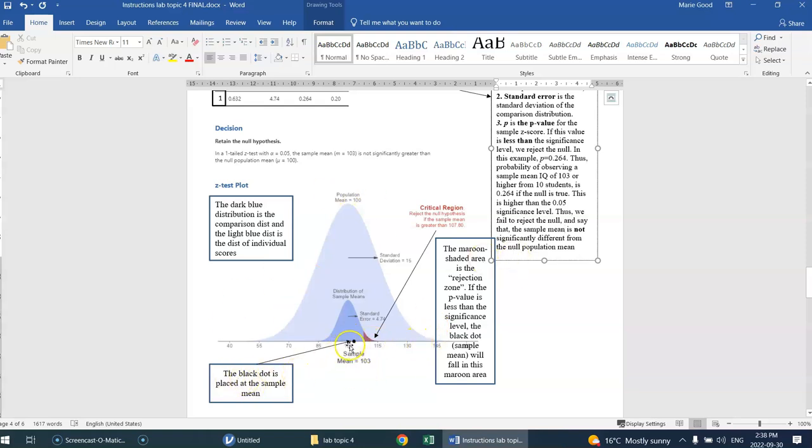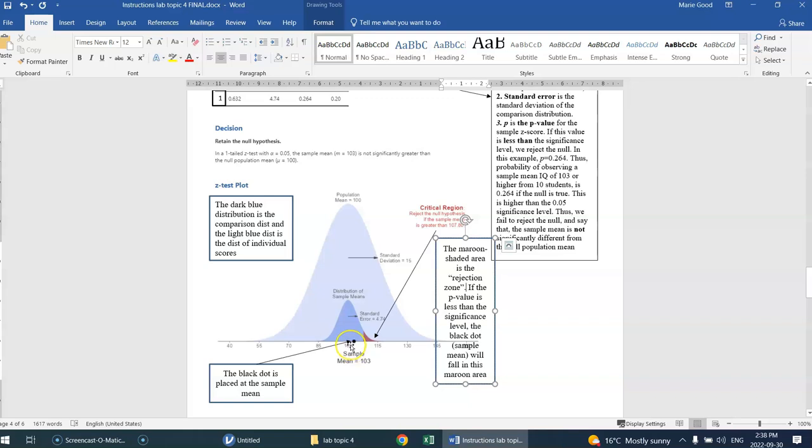We can also know this just from looking at the picture. The black dot is the sample mean, and the maroon shaded area here is what Jamovi calls the critical region, and what I've been calling in lecture the rejection zone. The start of the rejection zone here would be the cutoff value, and any sample mean that fell in that critical region would indicate that the null hypothesis would be rejected.